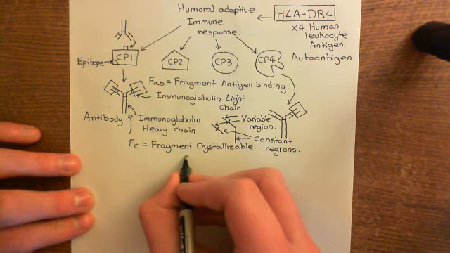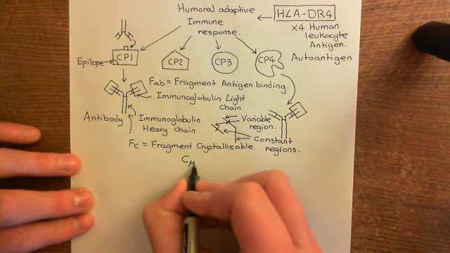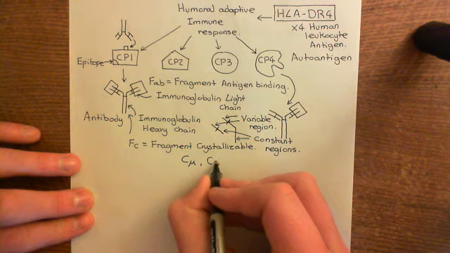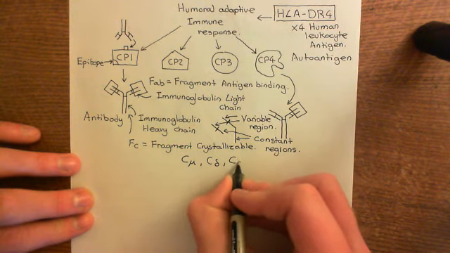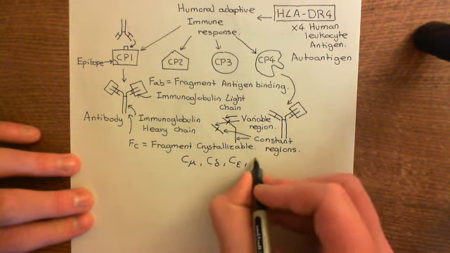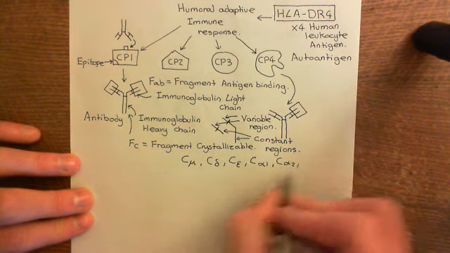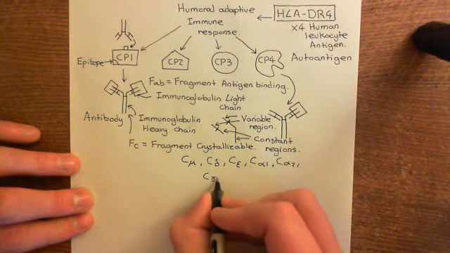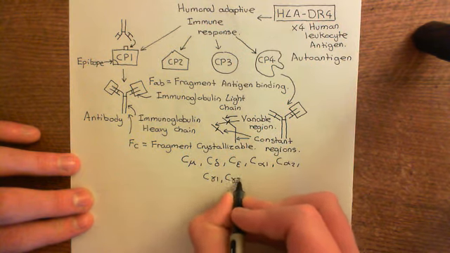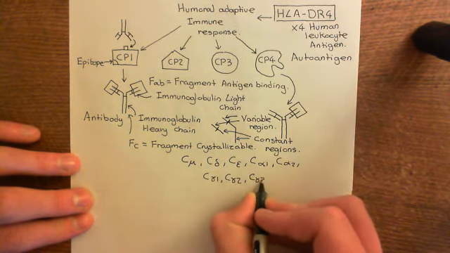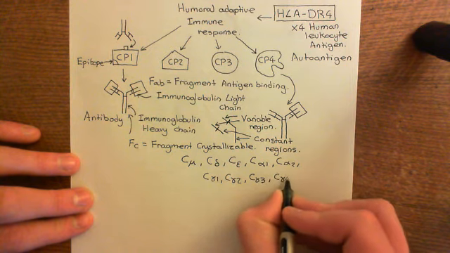So let me list these out. So there is the constant mu region, there is the constant delta region, there is the constant epsilon region, there is the constant alpha 1, the constant alpha 2, the constant gamma 1, the constant gamma 2, the constant gamma 3, and finally the constant gamma 4 region.